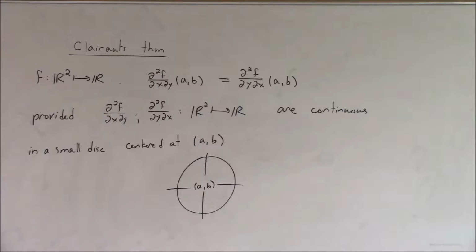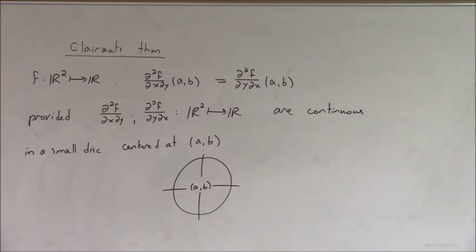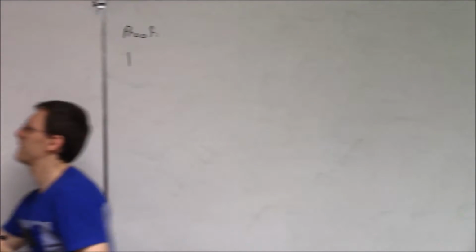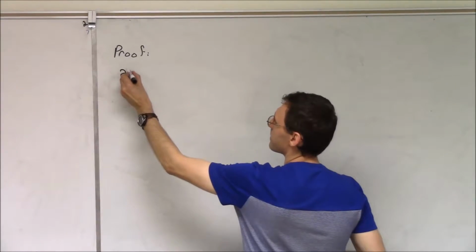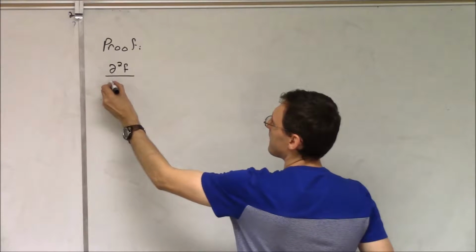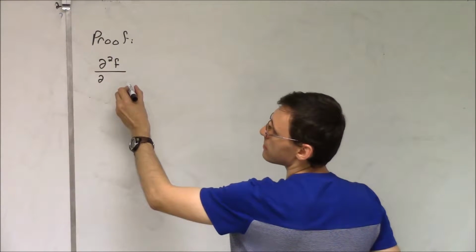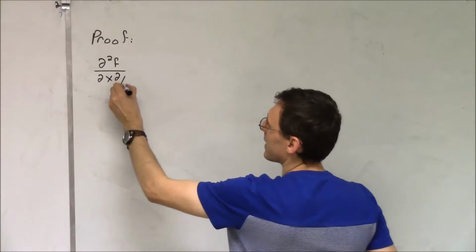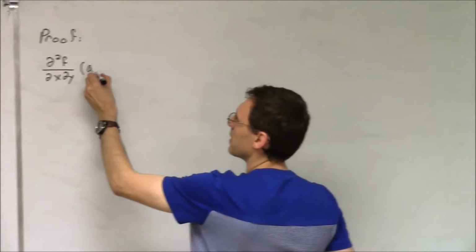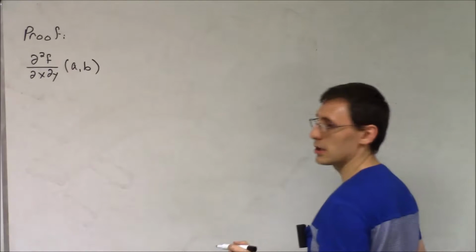Proof. So first let's consider what the mixed partial d squared f dx dy at the point (a, b) is.